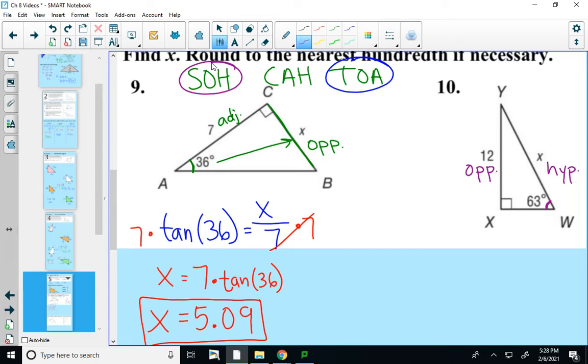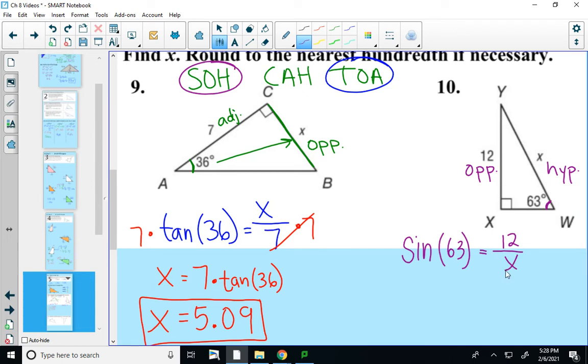All right, let's use it to write an equation. So the sine of 63 is equal to the opposite side, which is 12, divided by the hypotenuse, which is x.